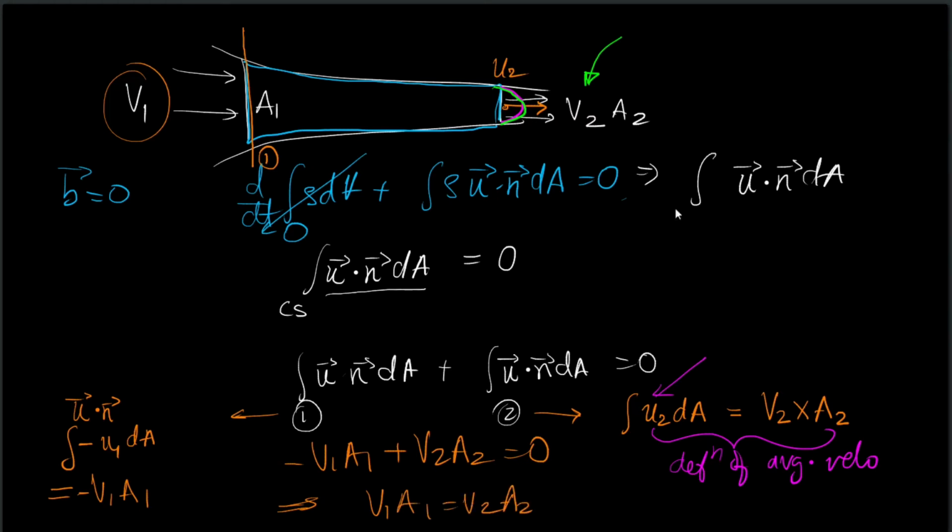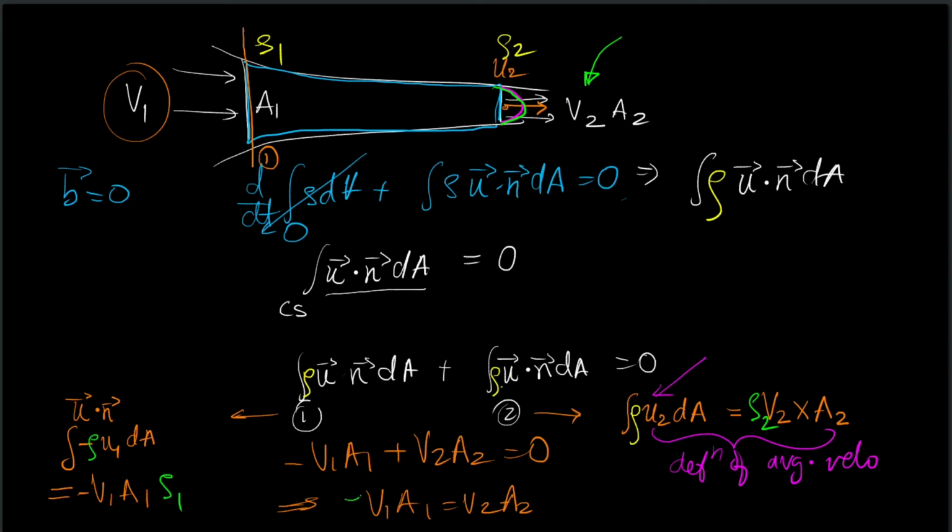And if you do not want to neglect the effect of density, say the average density over here is rho 1, and the average density over here is rho 2. So this integral of rho u2 dA would become rho 2 v2 a2, and this would become rho 1 v1 a1.